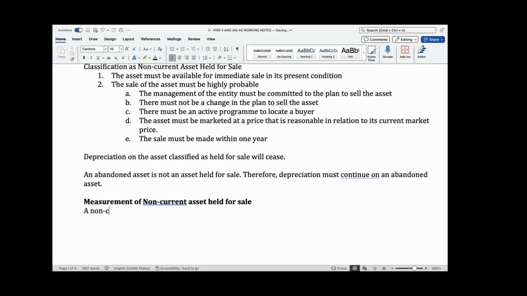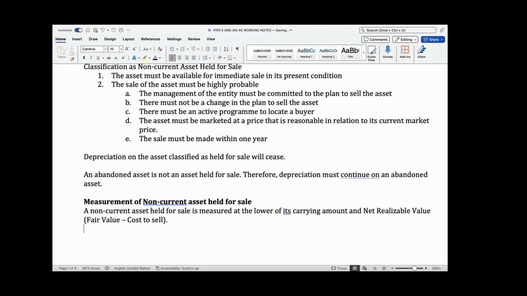A non-current asset held for sale is measured at the lower of its carrying amount and net realizable value. And you know by now from IAS 36 that net realizable value is fair value minus cost to sell.